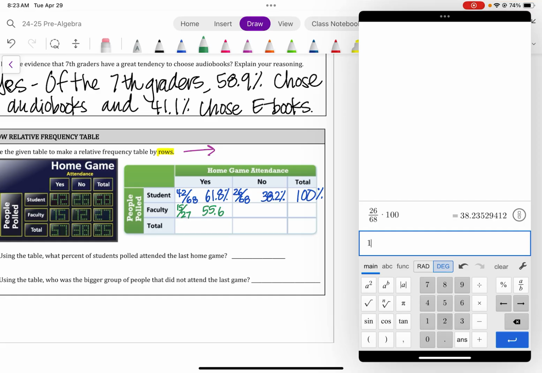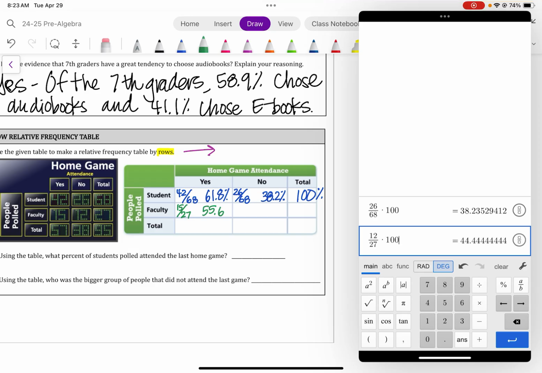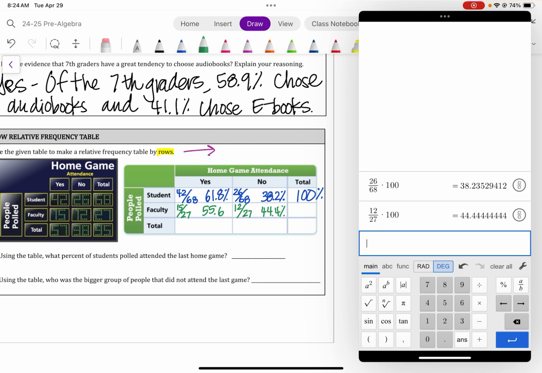And then let's see, we had 12 divided by 27 and multiply that by 100. So that's 44.4%. Oh, let's clean that up. 44.4. And when we add those totals, 55.6 plus 44.4, that's 100%.